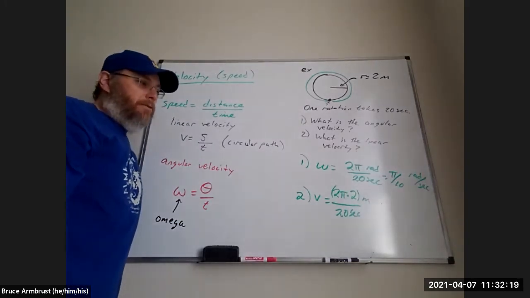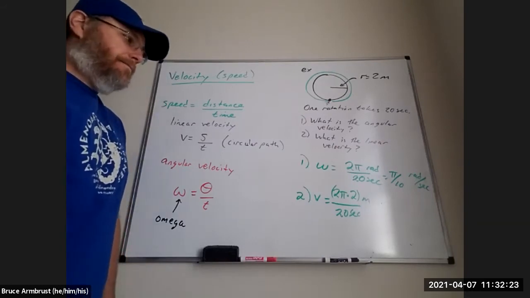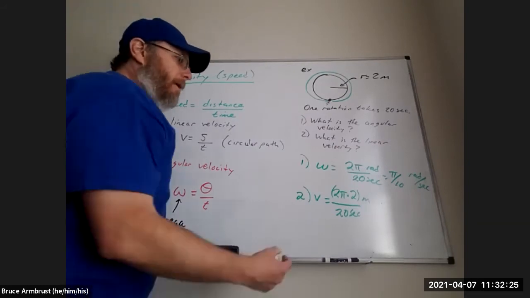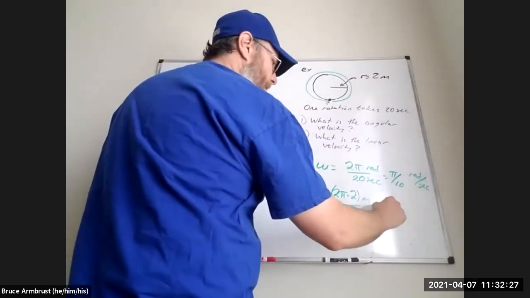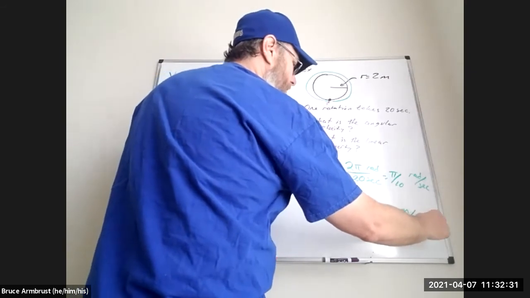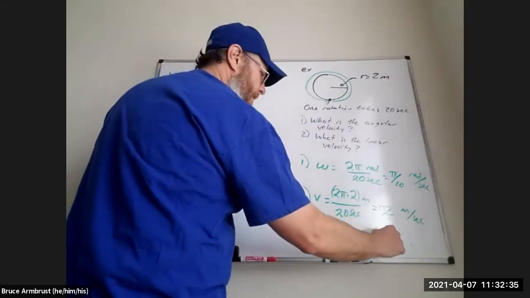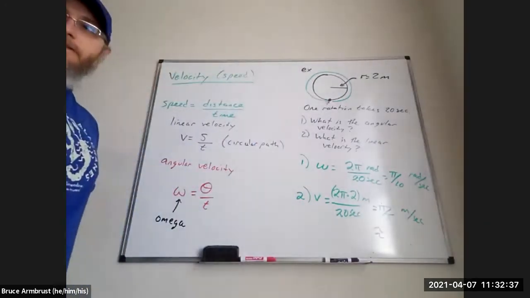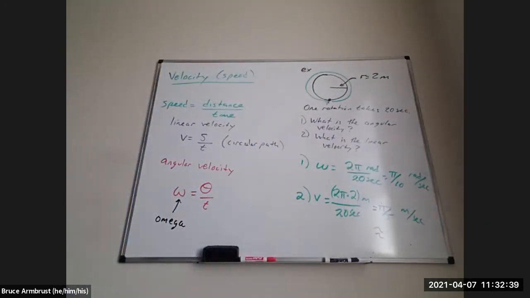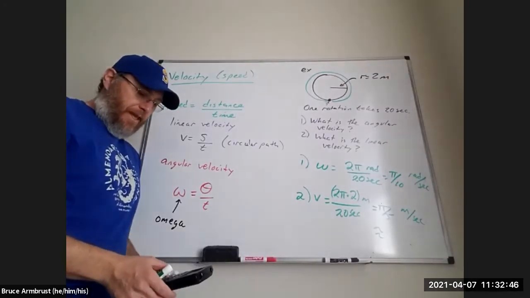So we're going to do 2 pi times 2 meters per 20 seconds. All right, well, that's going to end up being pi over 5 meters per second, which again, we could get a decimal approximation. Let me actually grab my calculator here real quick, because I know everybody wants to know roughly what that number is.